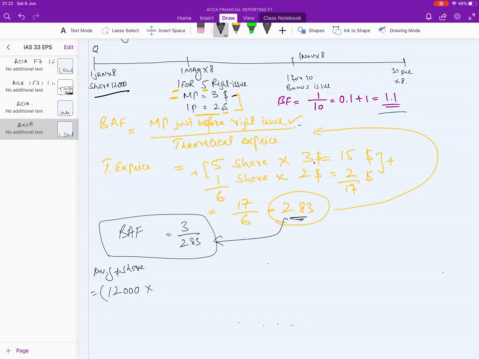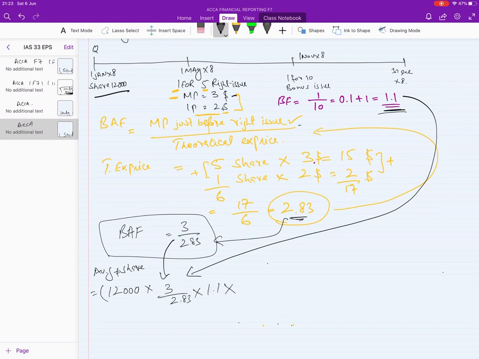And we need to take the effect of bonus and rights issue from the very first day. So take the effect for this. So take the bonus fraction here, and this fraction here. So take 3 divided by 2.83, the rights fraction, and this bonus fraction.